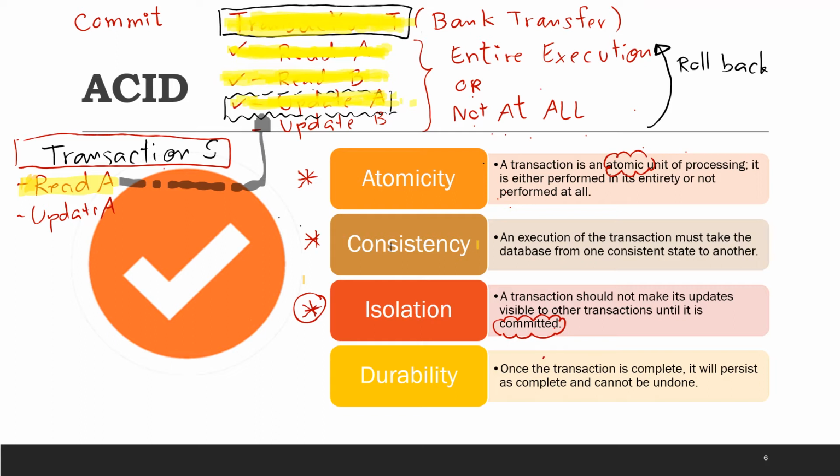So transaction S should not read that value of A at that time. Okay, so this is the meaning of isolation. A transaction should not make its update visible to other transactions if it has not yet committed, because it may roll back or it may commit, we don't know.